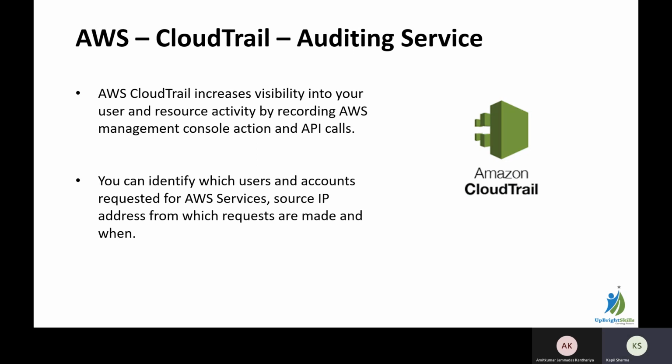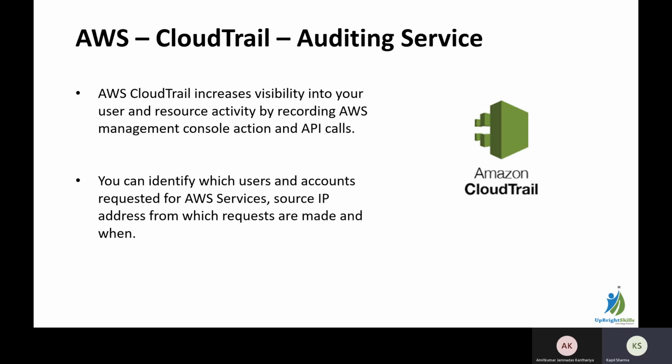Then there is a service called Amazon CloudTrail, which is also called an auditing service. Amazon CloudTrail increases visibility into your users and resources activity by recording AWS Management Console actions and API calls. So whatever you perform using the API or the console, everything is logged in AWS CloudTrail. If you access your account, that will be logged.